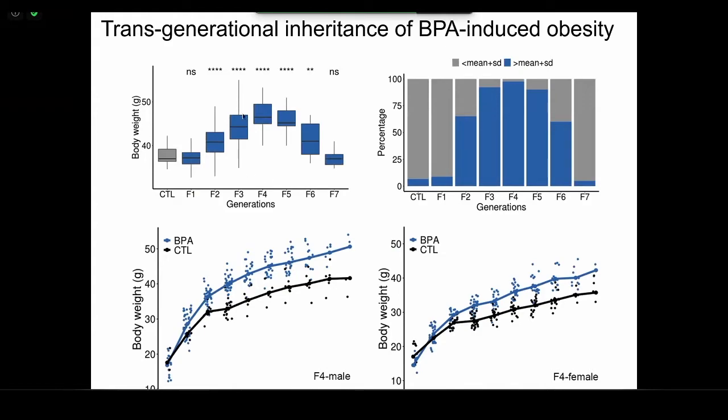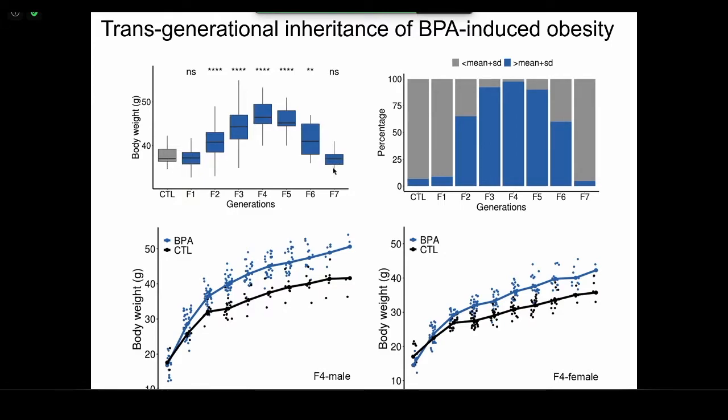If we look at the weight during different generations, you can see the weight of the controls. The F1 is not fat, and then the weight increases and is maximum in the F4 generation, and then it starts decreasing such that the F7 generation weighs the same as the control.